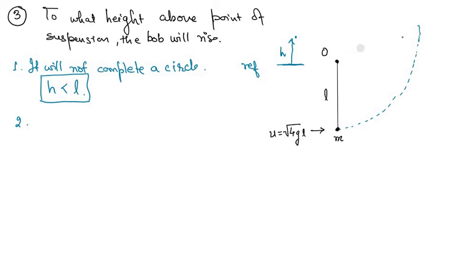The pendulum will go to some height. Let me connect it first: in the motion, at any given instant of time, the bob will reach a maximum distance like this.